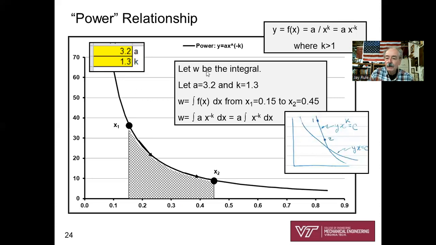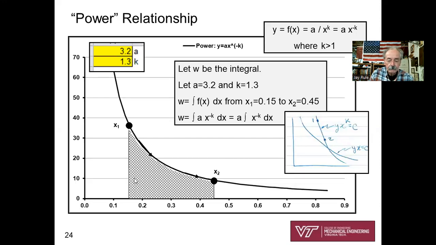For our example, we want to look at the integral of ax to the minus k, where a is 3.2 and k is 1.3. I've plotted this formula, y equals a over x to the k, in Excel, and I want to integrate this.